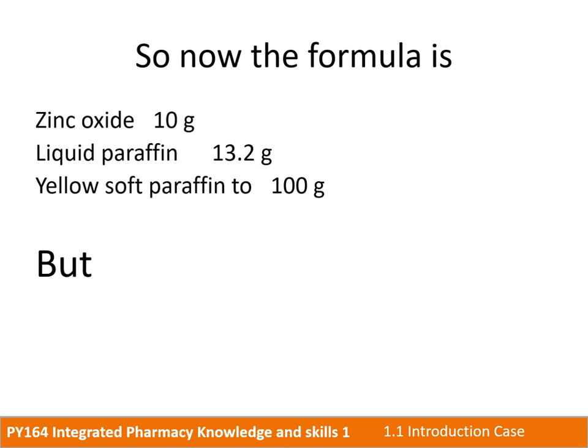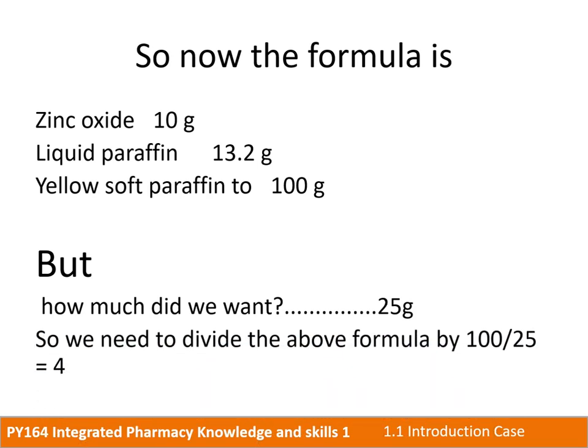Hang on a minute. The question asks for 25 grams. So we have to calculate how much we need for 25 grams. So we need to divide the above formula by 100 over 25, which gives us 4.